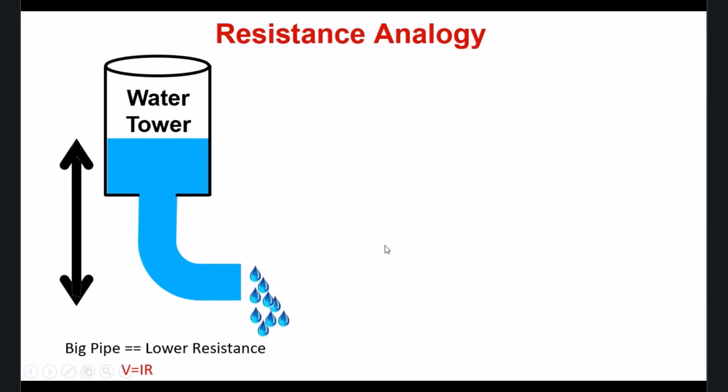So here one thing we need to keep in mind, if the size of this pipe is big, then more amount of the current can flow in the circuit. Because of the size, it is going to offer less resistance.